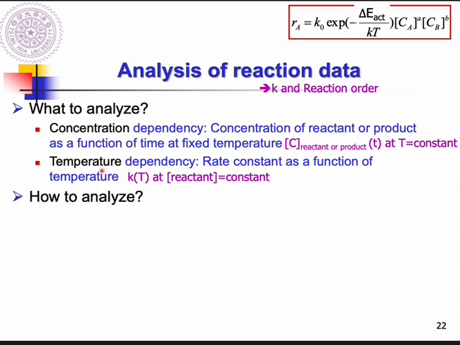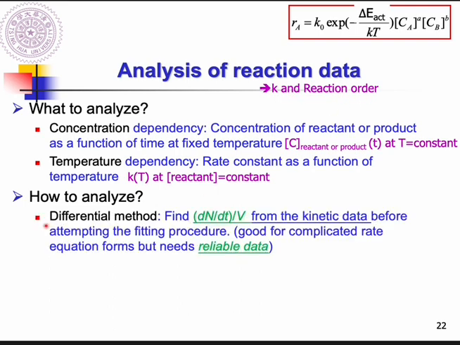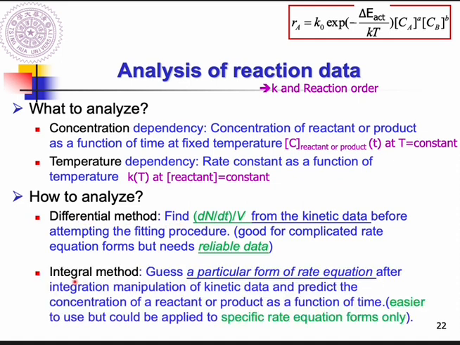So here we are going to introduce two methods to analyze your reaction data to get the rate constant and also the corresponding reaction order. The first method we call the differential method, and the second one we call the integral method. For the differential method, you find the consumption rate of reactants per volume from the kinetic data before attempting the fitting.